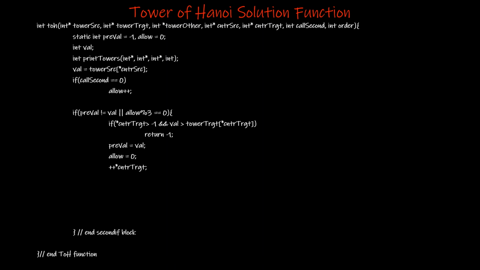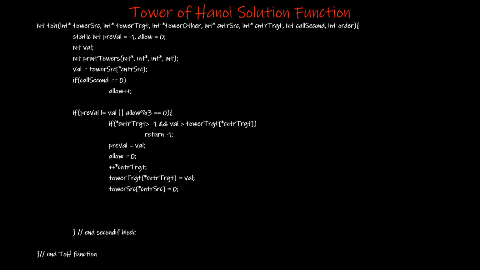We do not want to place the disk at the position indicated by counter target, that could have a disk already present, or it could be set to -1. That is why we have to increment the value, and then we assign the value to the new counter target position in the tower target.